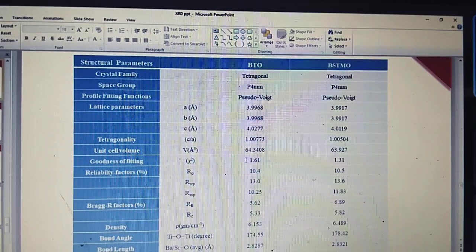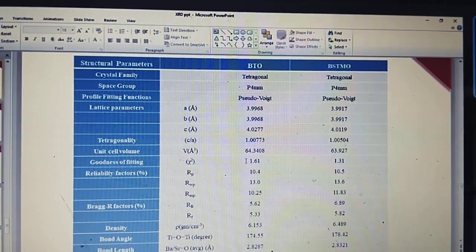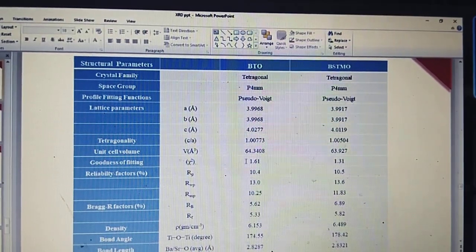Rietveld refinement is a vast field. There are so many parameters involved which you can look at, and you would need another full lecture for that if we go through it.